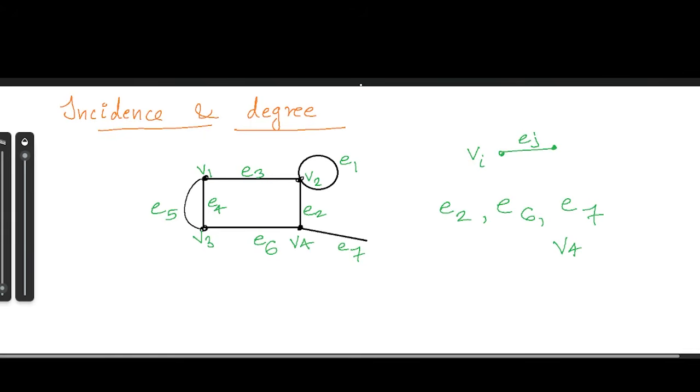Okay. Two non-parallel edges are said to be adjacent if they are incident on a common vertex. In the figure, E2 and E7 are non-parallel and they are adjacent edges because we can see a common vertex there, V4. Two vertices are said to be adjacent if they are the end vertices of the same edge.